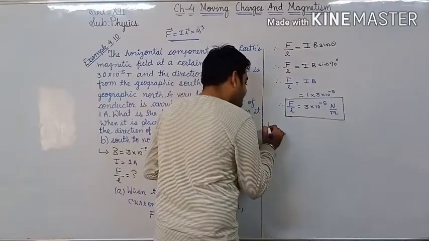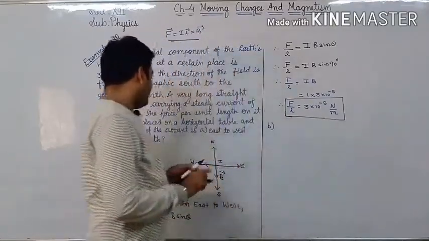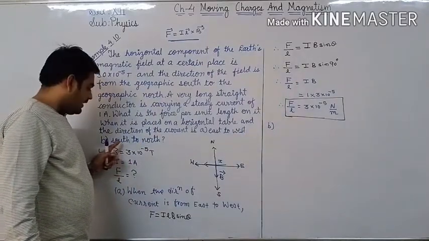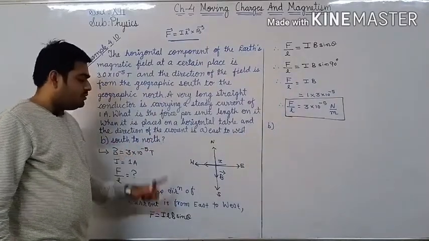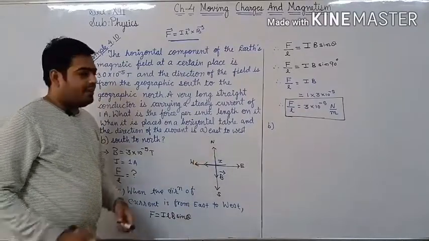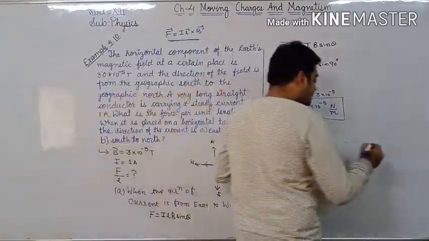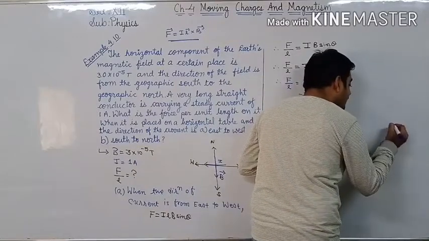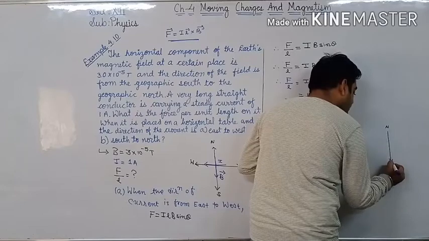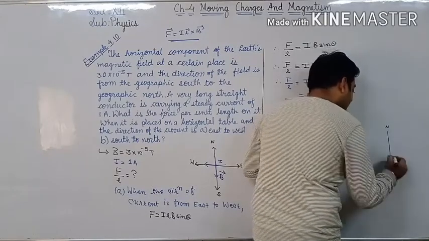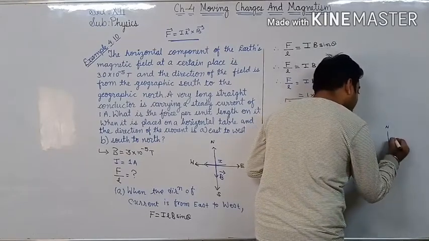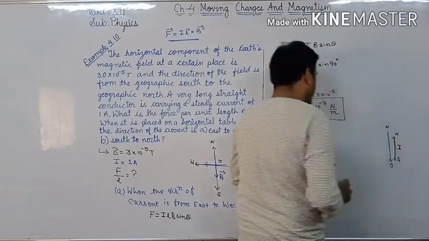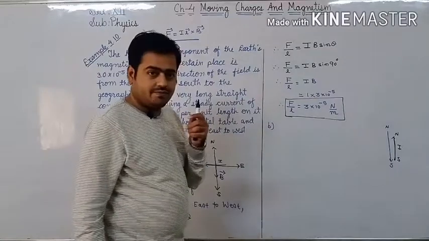Now part B. In part B we have to consider direction of electric current, that is from south to north, in this direction. When magnetic field is north to south and electric current is from south to north, at that time what will happen?